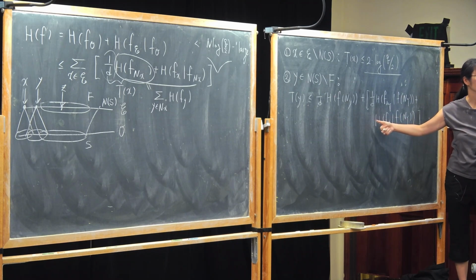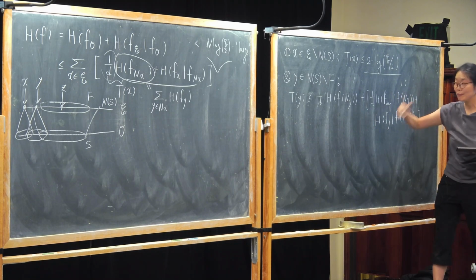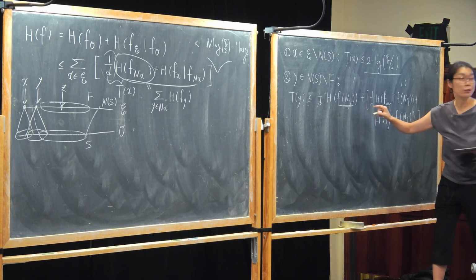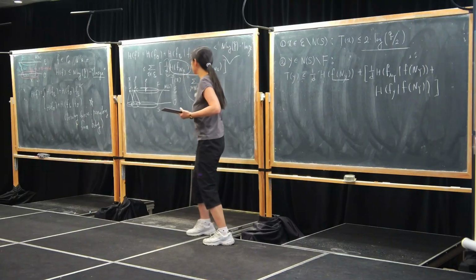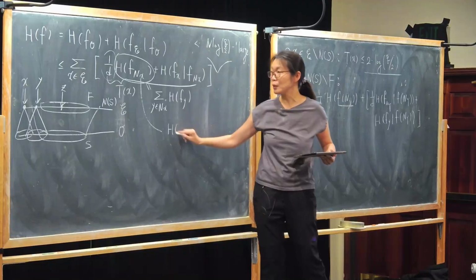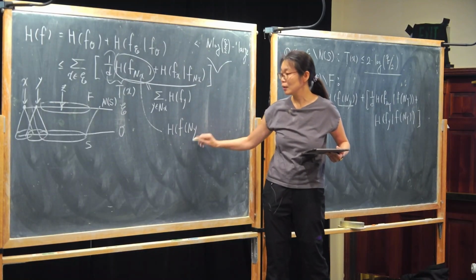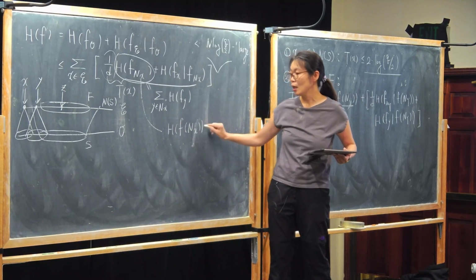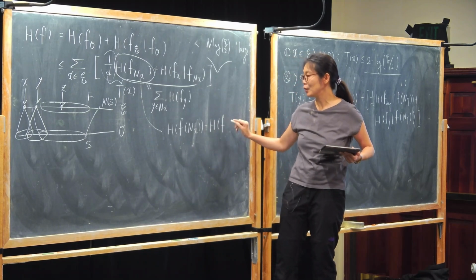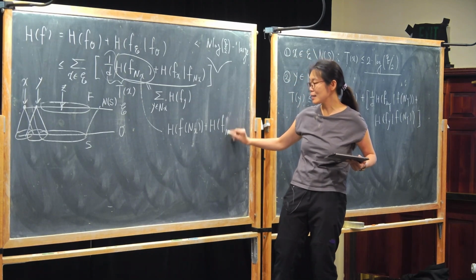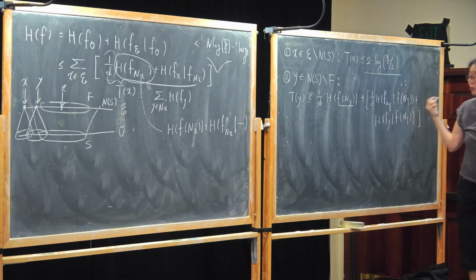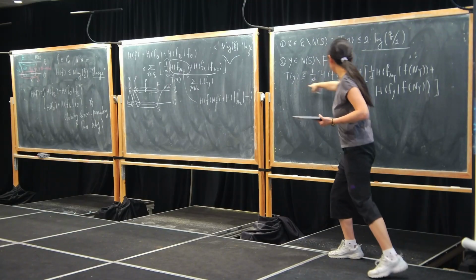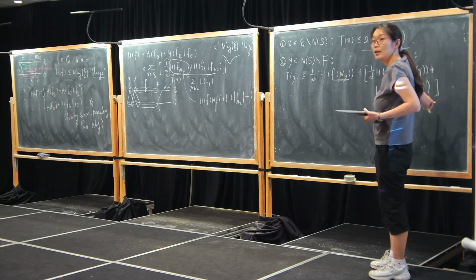Is this OK? So we first reveal the palette of the neighborhood, and it has 1 over D because it's from this term. So what we use is that this is equal to the entropy of the palette, so I should use X here, plus the entropy of F of the neighborhood of X given the palette. We are just using this. So we can expand T of y in this way. Are we OK?